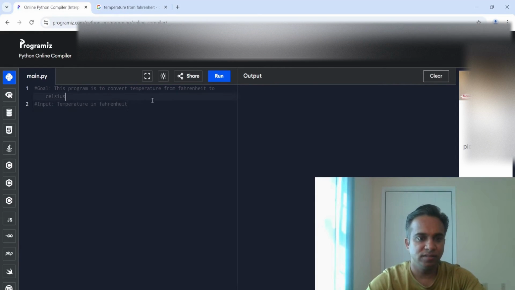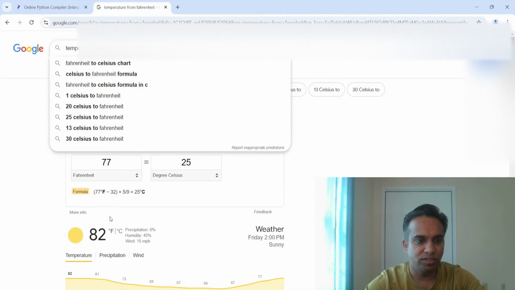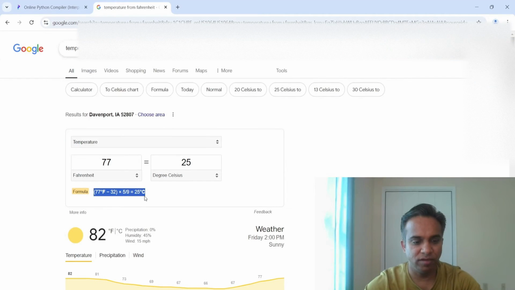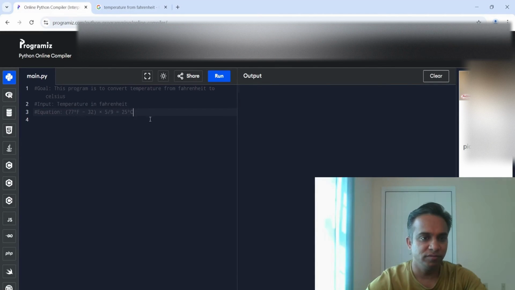Next is the output or the equation. What is the equation? Equation is, given a temperature in Fahrenheit, the example is the Fahrenheit minus 32 multiplied by 5 by 9 equal to the degree.